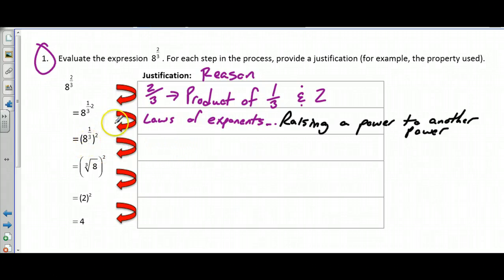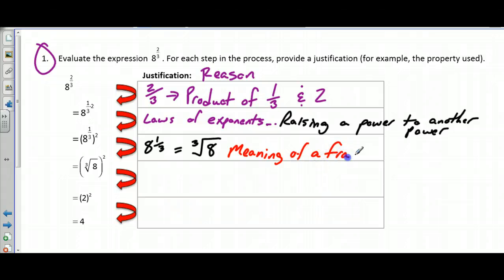Now 8 to the 1/3, why can we take that and rewrite it as the cubed root of 8? 8 to the 1/3 equals the cubed root of 8. And that really is just because we focused on the meaning of a fractional exponent. 8 to the 1/3 means the cubed root of 8. That's just the meaning of a fractional exponent. Why can we go from the cubed root of 8 to just 2?